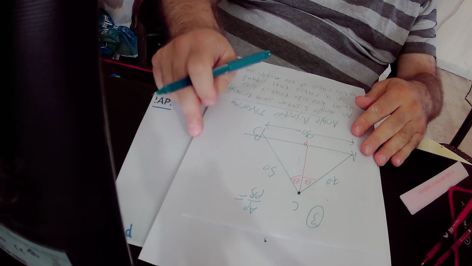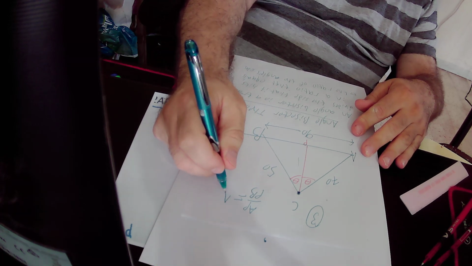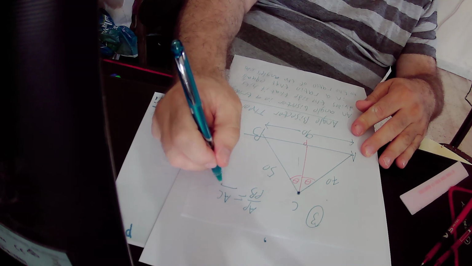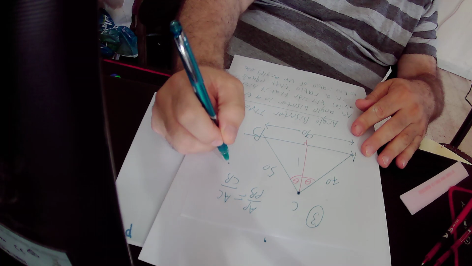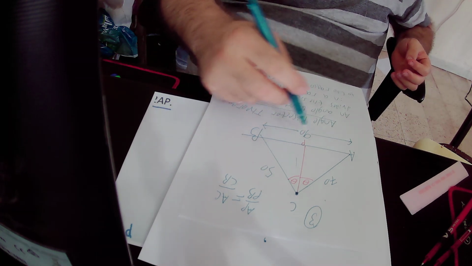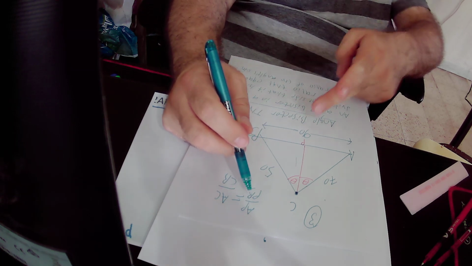So the ratio between those two sides, AC over CB, equals the ratio in which CP divides AB, that is to say AP over PB.